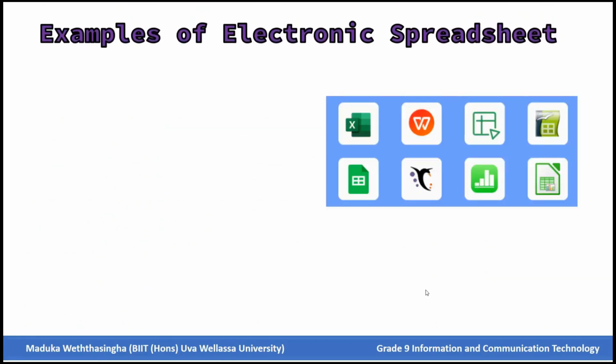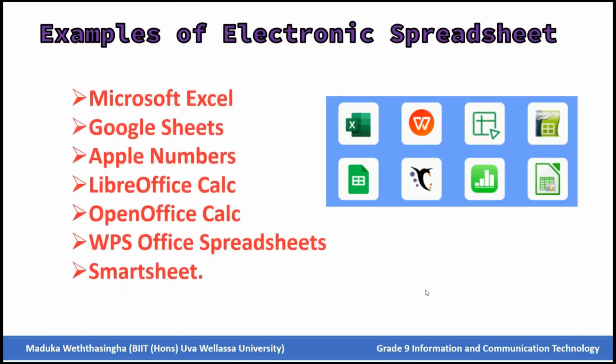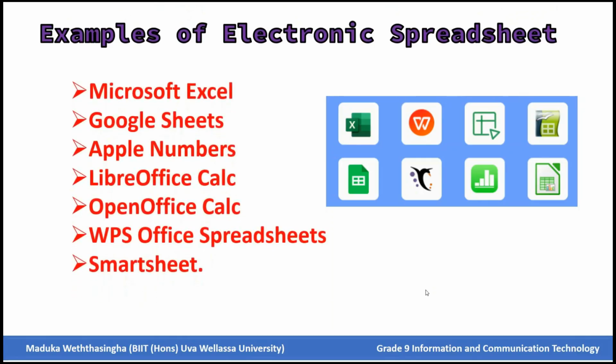Now we are going to learn the examples of electronic spreadsheets. There are a lot of electronic spreadsheet applications available in the market. Let's see: Microsoft Excel, Google Sheets, Apple Numbers, LibreOffice Calc, OpenOffice Calc, WPS Office Spreadsheet, Smartsheet.